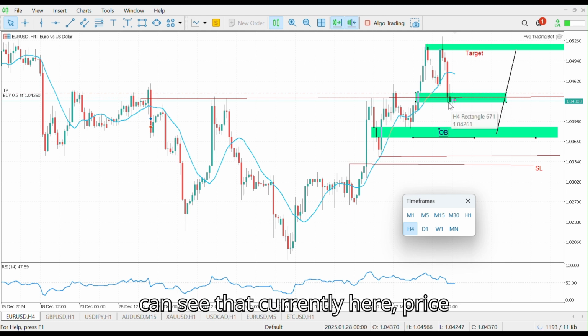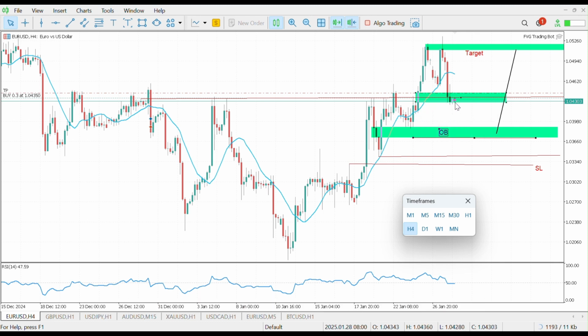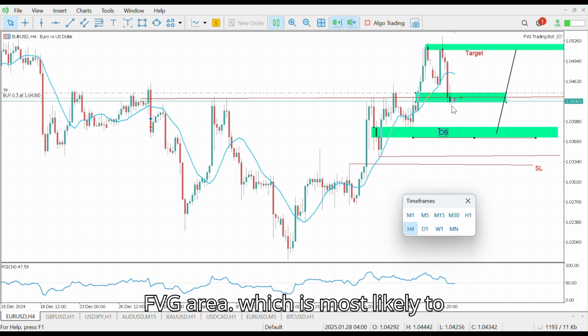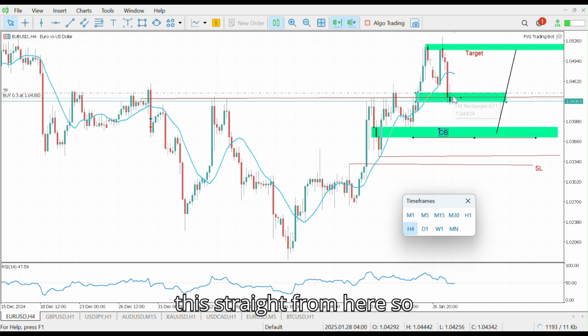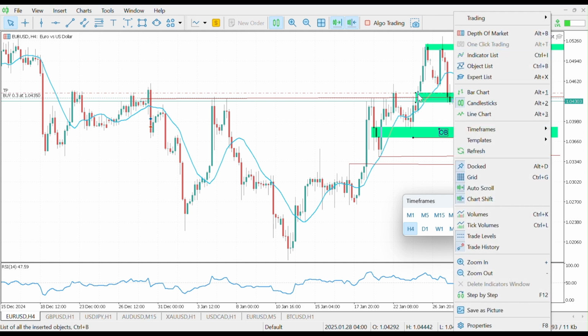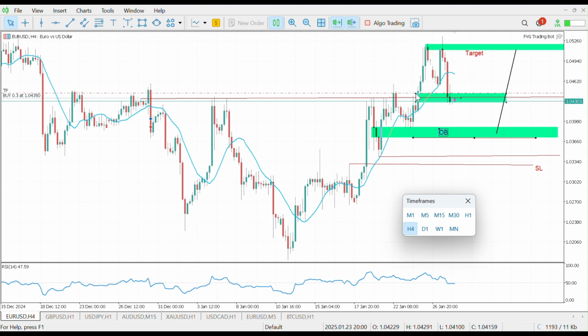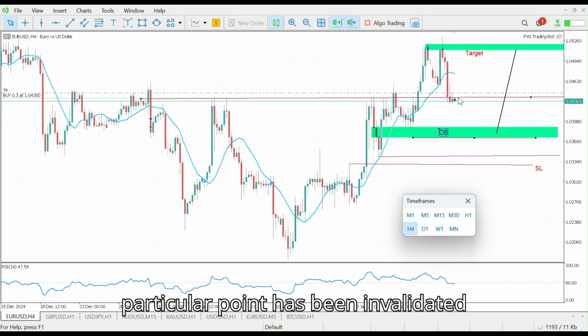And we can see that currently price has shot out from the FVG area, which is most likely to have hit our stop loss if we were to take this trade from here. So this is why this point is not valid. That particular point has been invalidated.